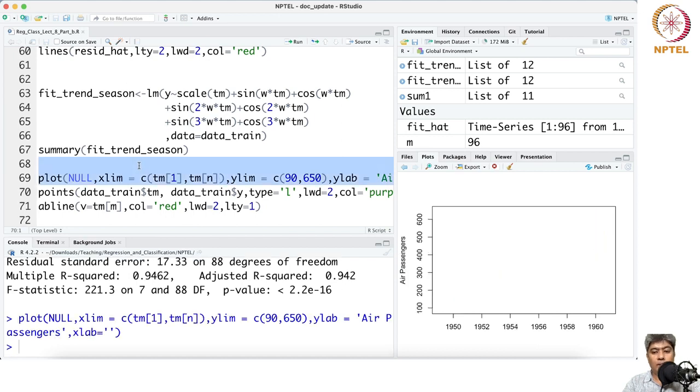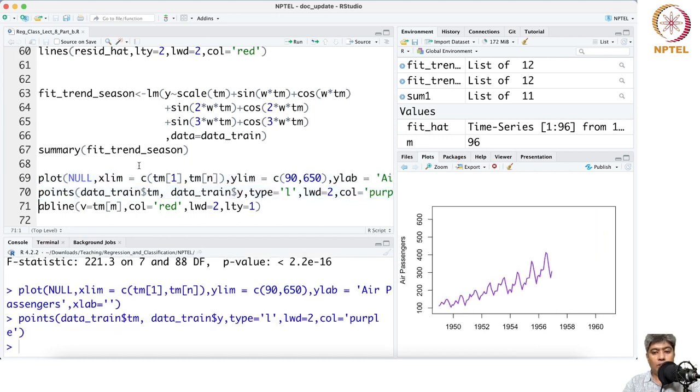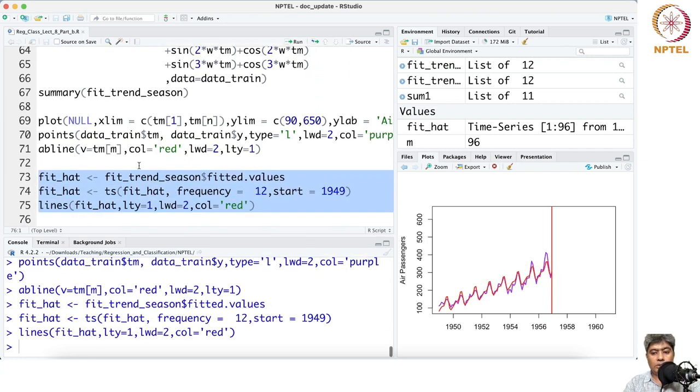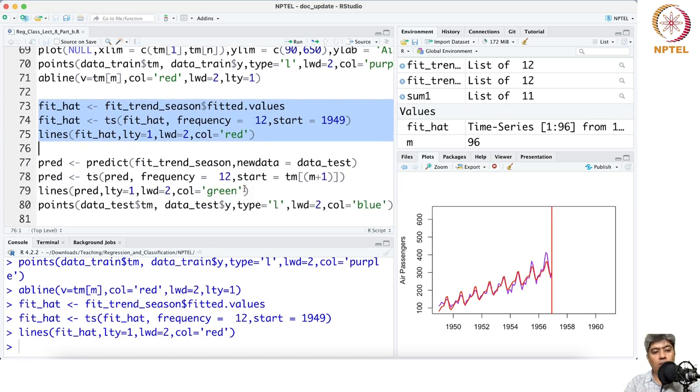And then we plot the model and then fit hat. So in the in sample, the fitting is quite good.